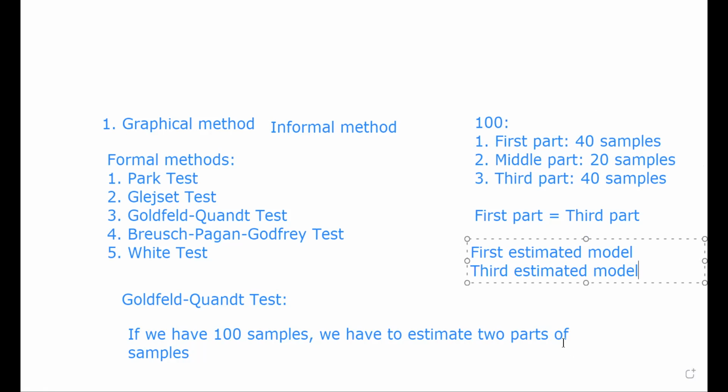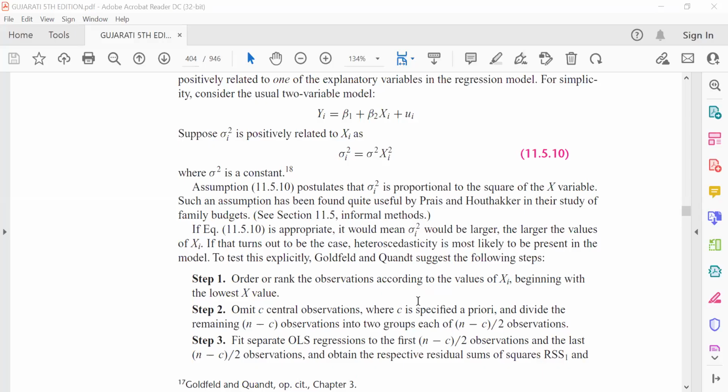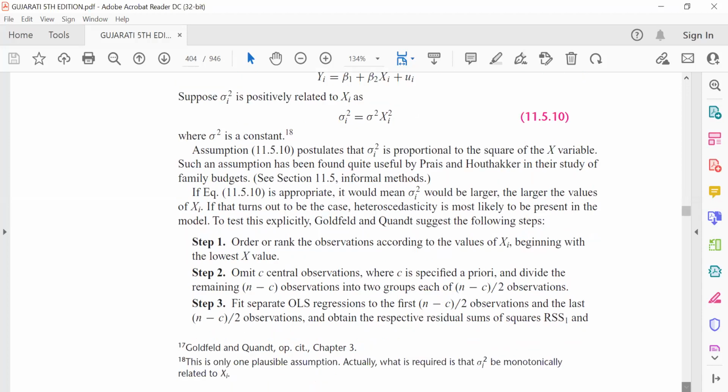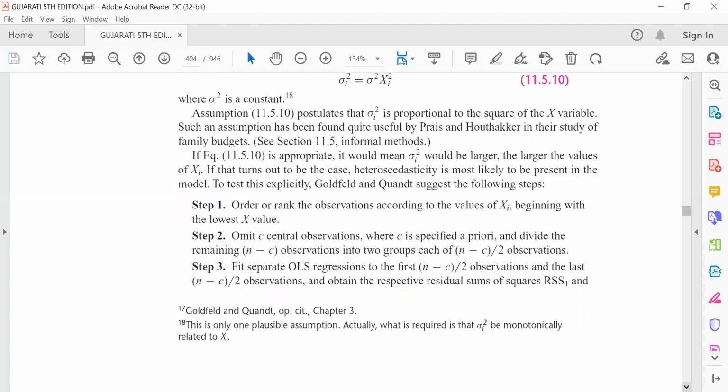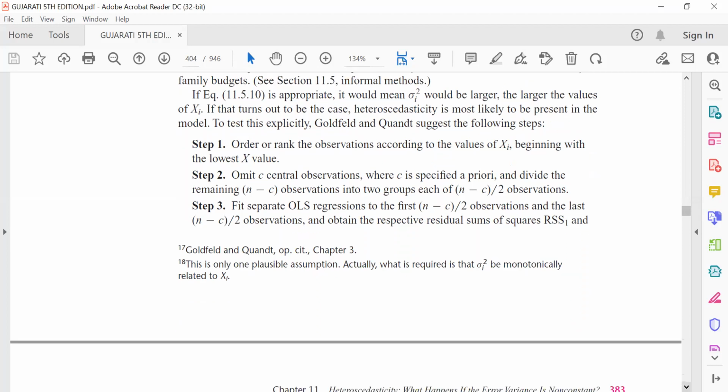We avoid the middle part. Okay, then the common central observations here, I explained already. We have two estimated equations here, the first part and the third part.